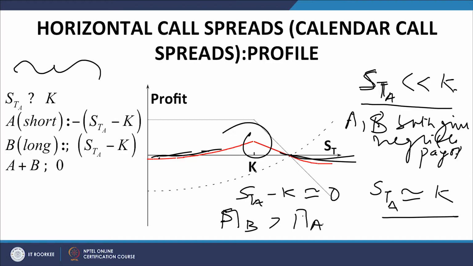And if you look at it carefully, the payoff diagram or the profit diagram is more or less akin to the butterfly spread, where we have a peak at an intermediate point and we have losses or nearly zero payoffs at the two extremes of the stock prices. So, we can also construct calendar spreads using put options, just like we have call options. Just one example to conclude this particular topic.